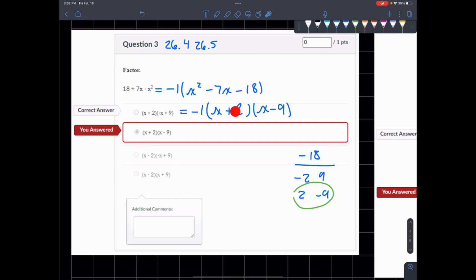If we brought the negative 1 in, we'd get negative x minus 2, and that doesn't look like the answers because there's no minus on the x. So let's bring the minus into the x minus 9 instead, and if we do, we get negative x plus 9, which is this answer right here.